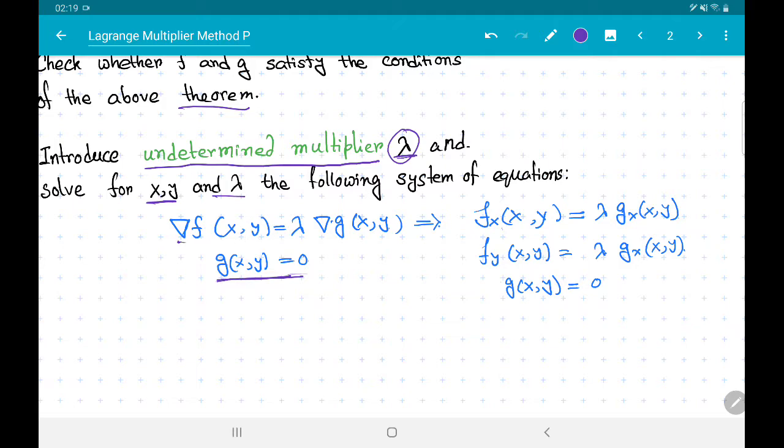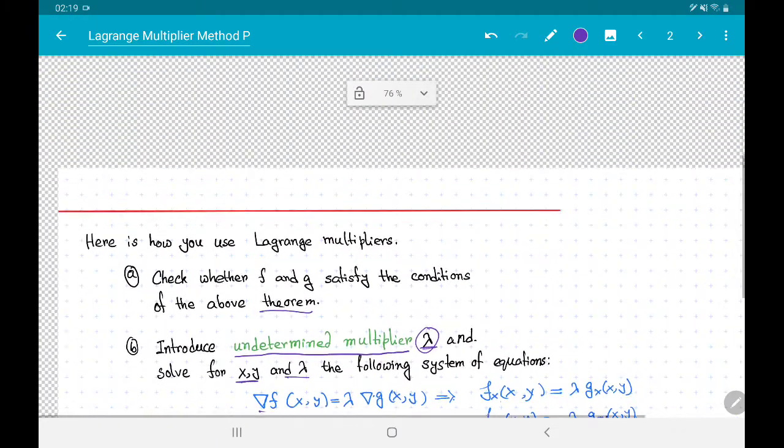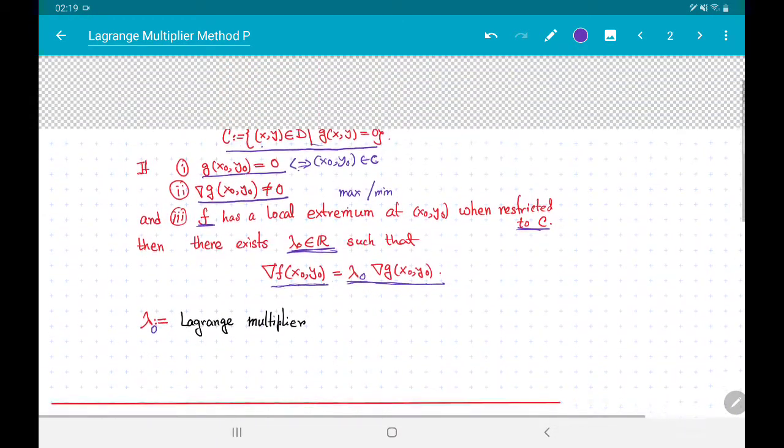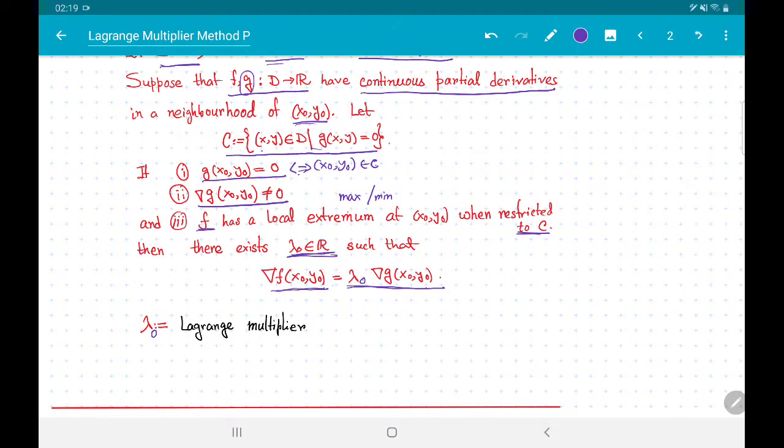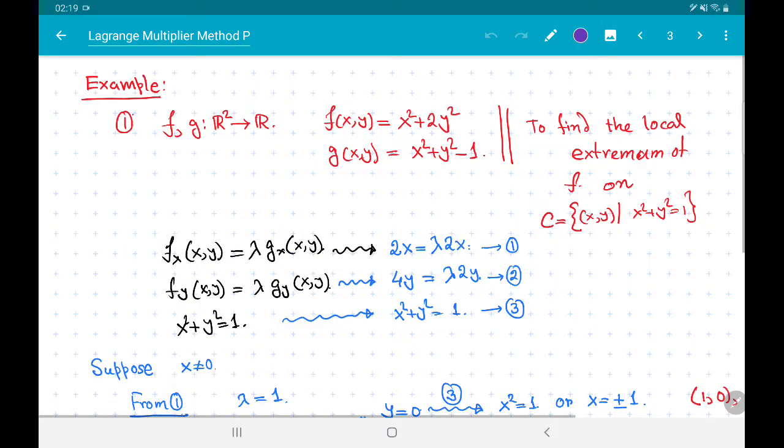Gradient of f(x,y) is equal to lambda times gradient of g(x,y), so we have f_x(x,y) is equal to lambda times g_x(x,y), f_y(x,y) is equal to lambda times g_y(x,y), and here we have another equation which is given by g(x,y) equal to 0. So let us do some concrete examples to illustrate this theorem.